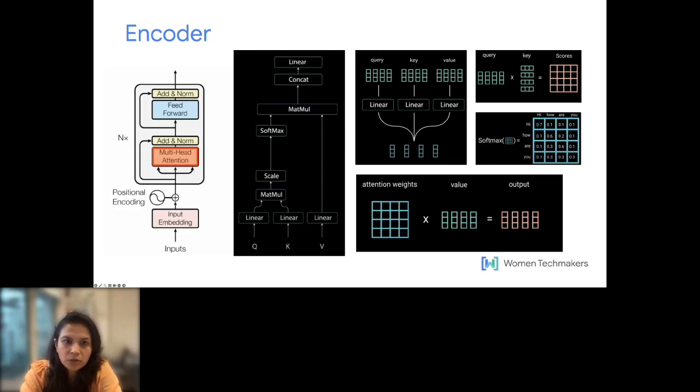So coming back to the query, key, and value, we basically clone the input into three clones, and then we do a dot multiplication here, the dot multiplication of query and key. When we do a dot multiplication, it gives you a 4 cross 4 matrix over here.